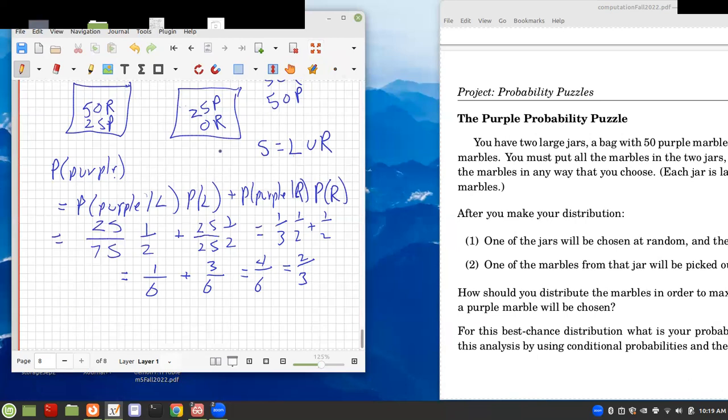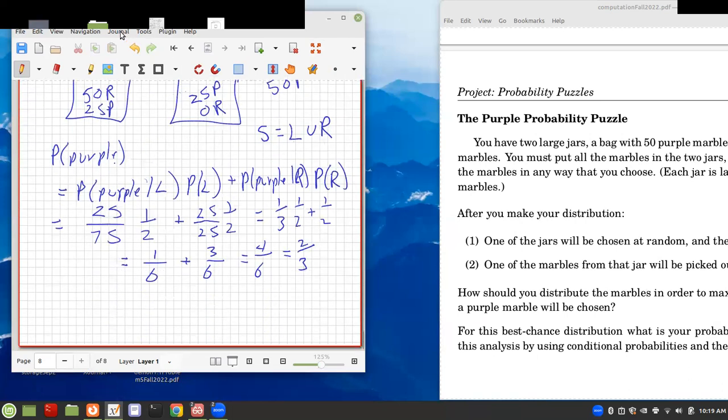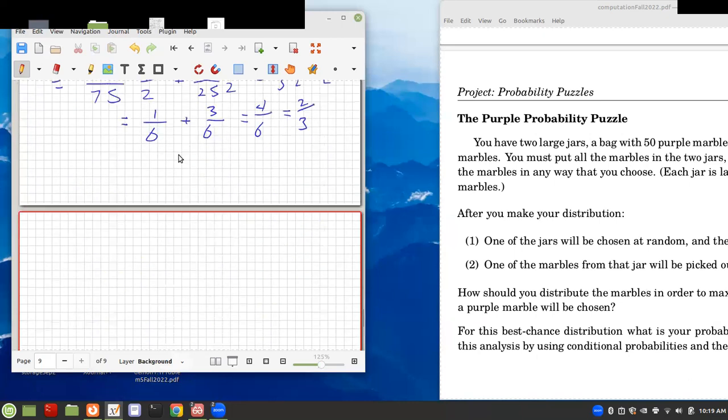So the probability for this distribution is 2/3, and this enables you to calculate that in a simple way.